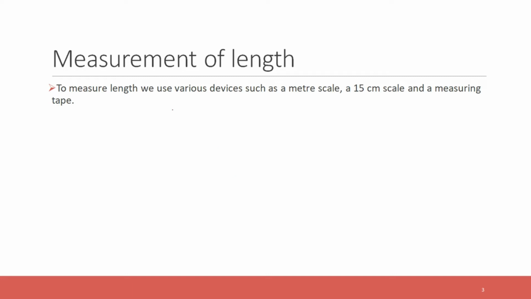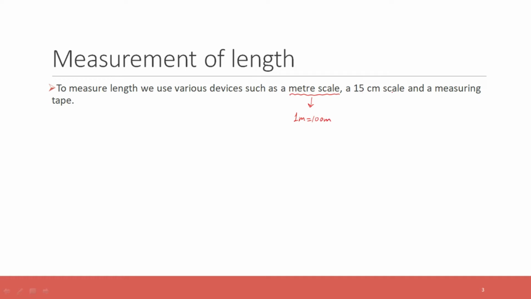So, starting our new video. In this video we will learn how to do the measurement correctly, or how we can measure length. To measure length we use various devices such as a meter scale, a 15 centimeter scale, or a measuring tape. A meter scale is a scale whose length is about 1 meter, about 100 centimeters long.